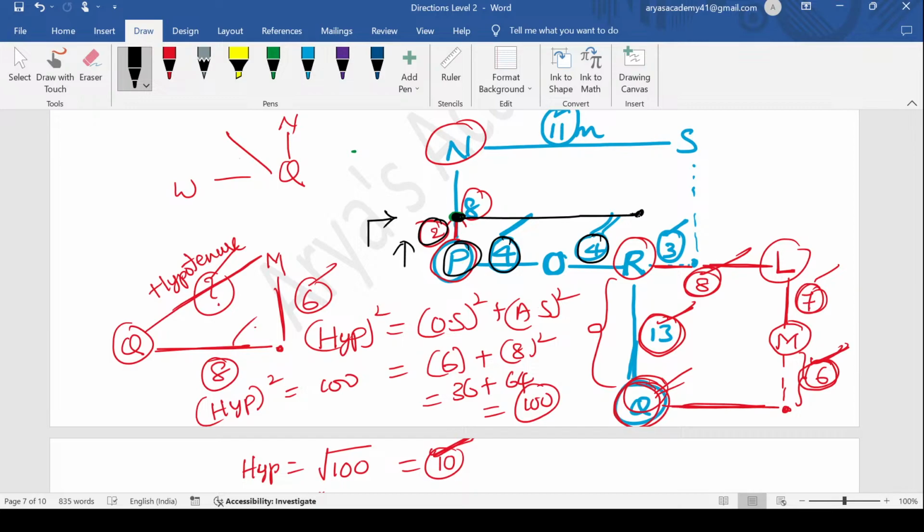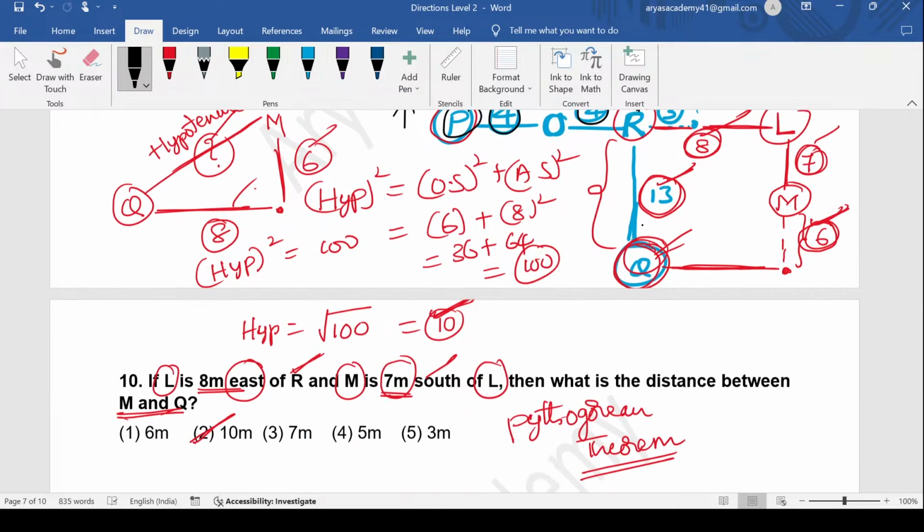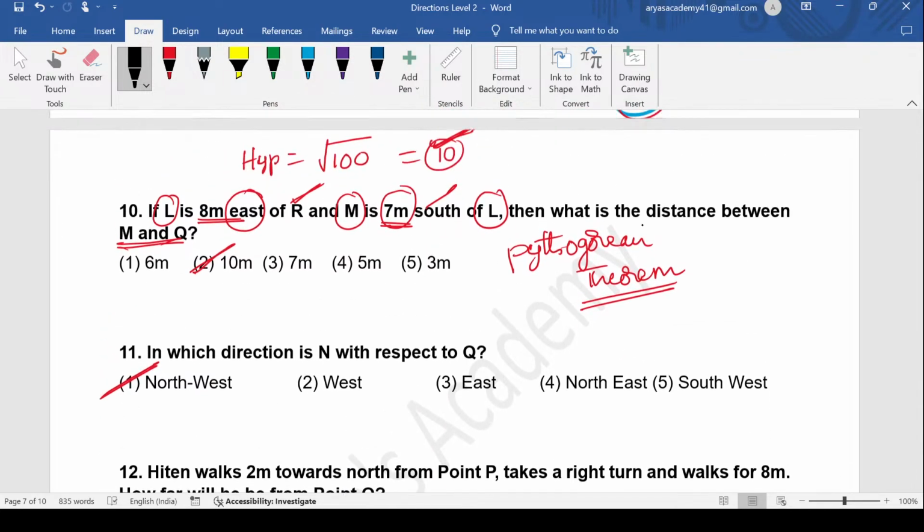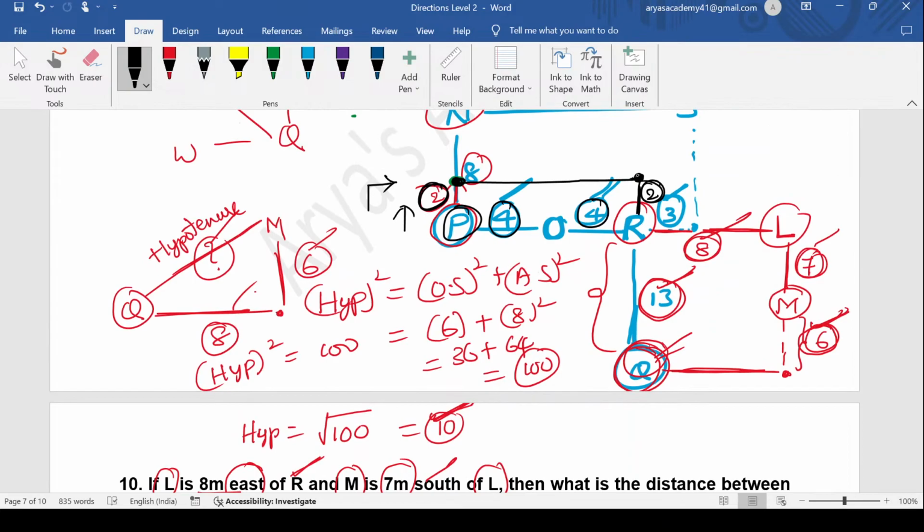So currently he is at this point, which is exactly above R. So between R and this final point, the distance will be 2, because this is 2, hence this also has to be 2. But they are asking what will be the distance between Q and the final destination. This is the final destination. Up to R, there is already a distance of 2.